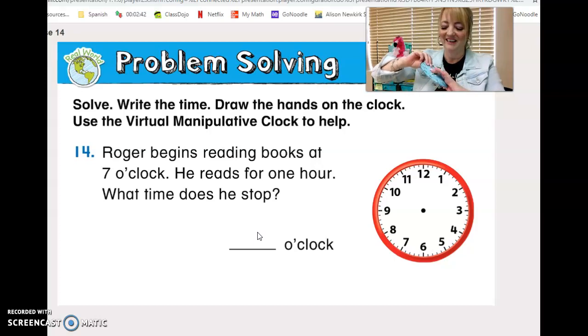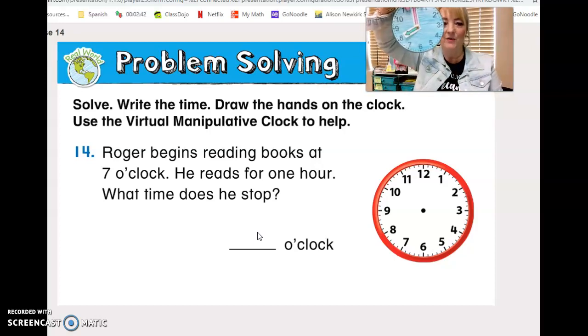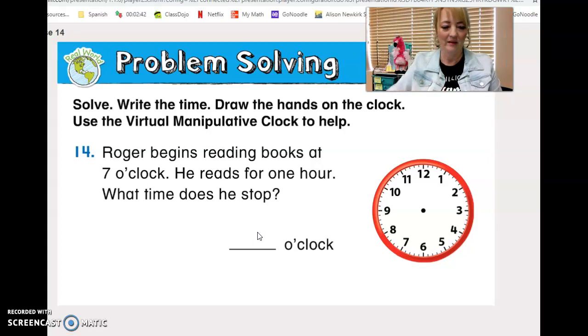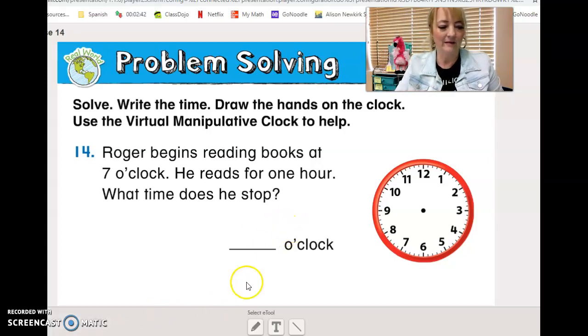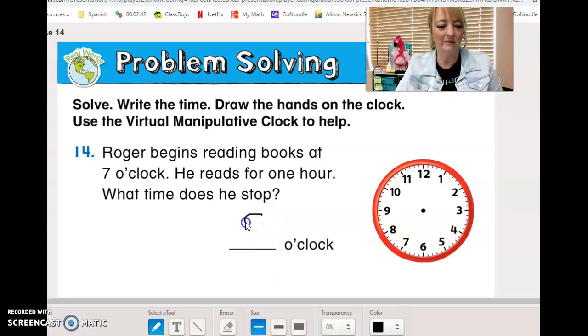It would be 8 o'clock. 1 hour later would be 8 o'clock. So we will go ahead and write in the 8 o'clock, and then draw in the hands. Hour hand first, pointing to the 8, and then o'clock, meaning the minute hand straight up at that 12.